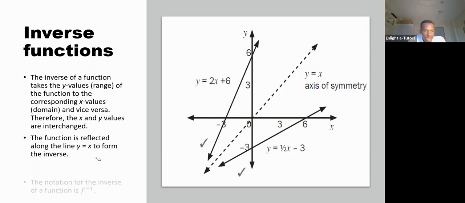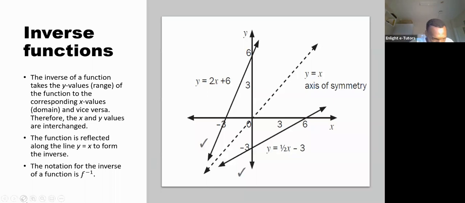Okay. Now the function notation of an inverse, you write it like this. Don't make a mistake: f to the power of -1.